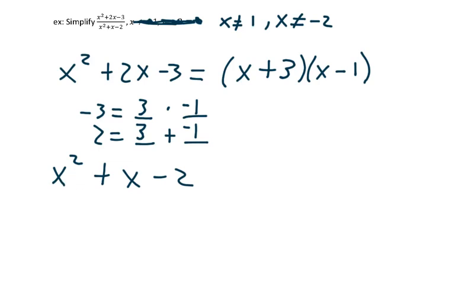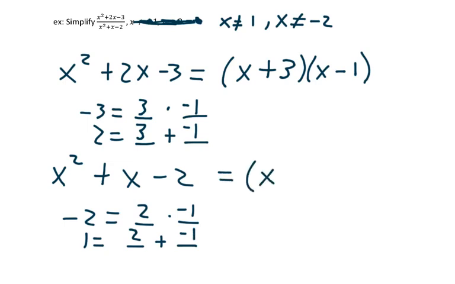So just like with the numerator, we want two numbers whose product is the constant term, negative 2, and whose sum is the coefficient of this term, which is in this case 1. So what numbers are going to pull that off? 2 and negative 1, like so. And so we're going to get x plus 2 times x minus 1.